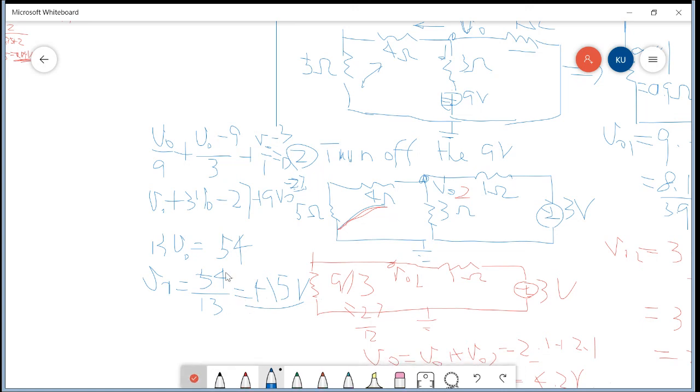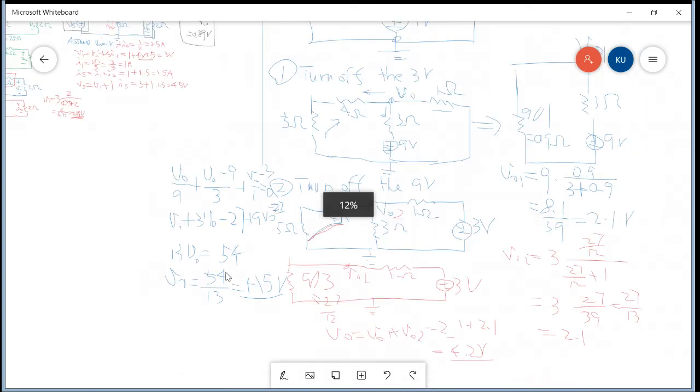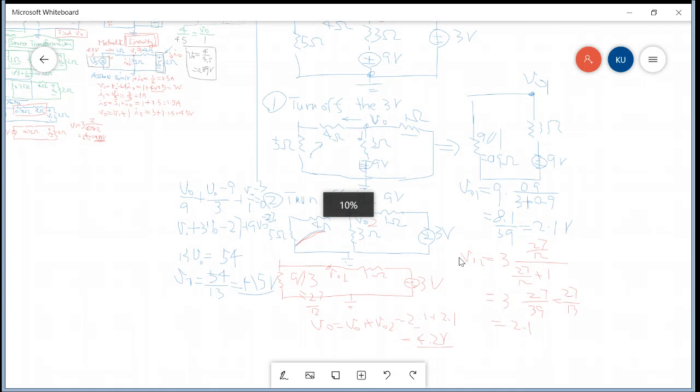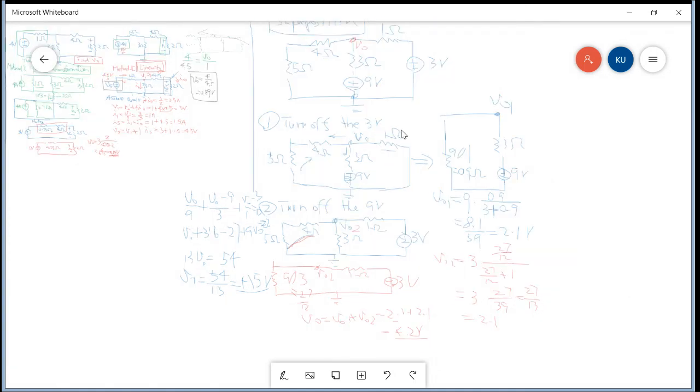Okay, so we can use the superposition method to solve a resistive circuit with multiple sources. It doesn't really matter whether they are multiple voltage sources, or one voltage source and one current source.